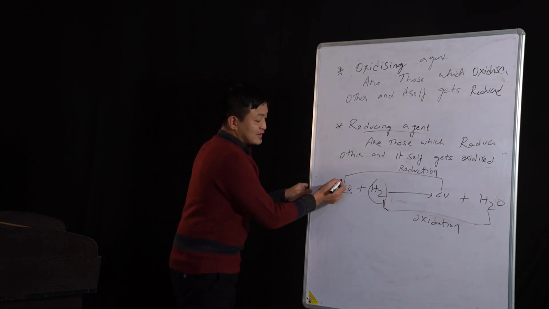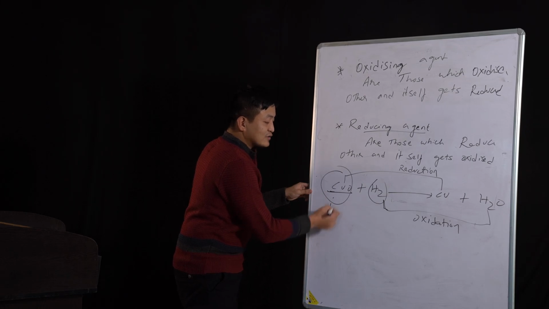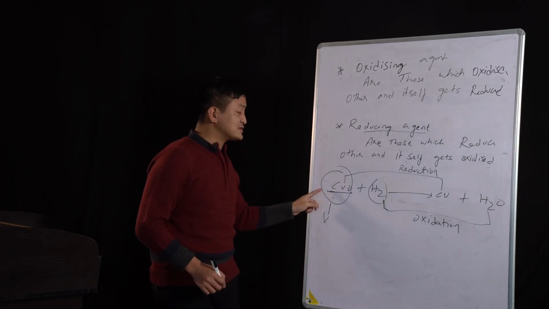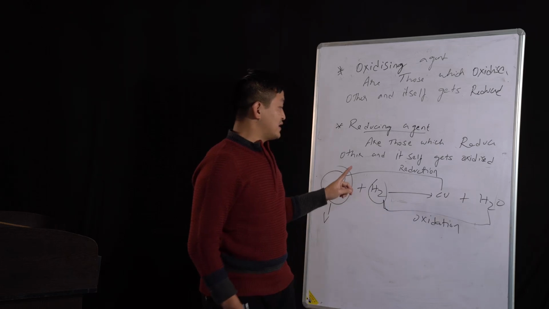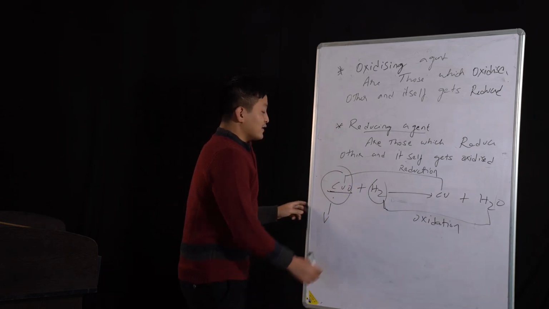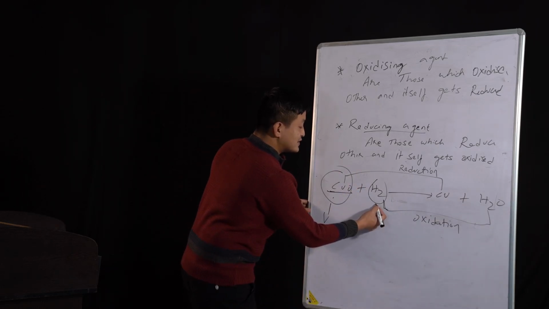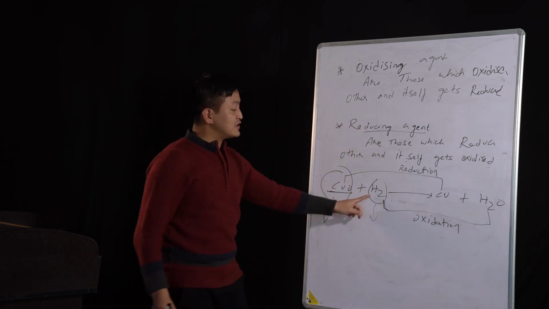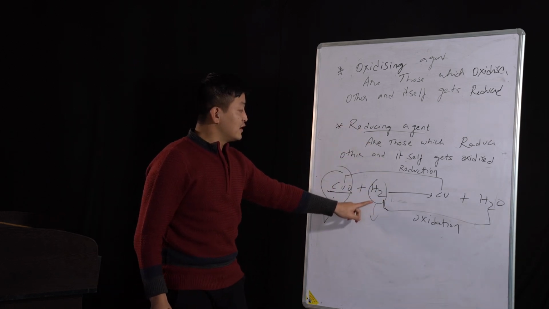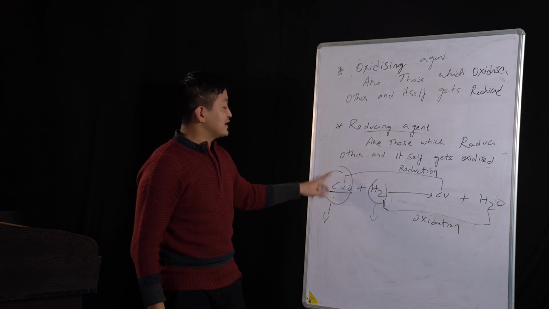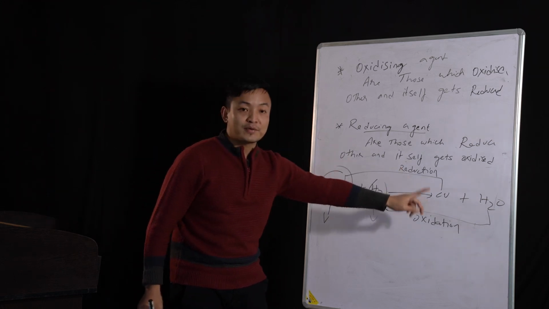So now we can say that cupric oxide is an oxidizing agent, because of this, hydrogen has oxidized. And hydrogen here is a reducing agent because cupric oxide has reduced to copper.